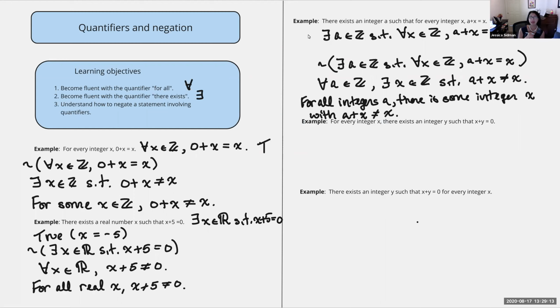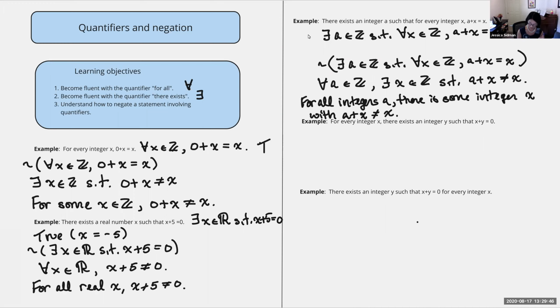All right, let's look at the next example. For every integer x, there exists an integer y such that x plus y is 0. This one reminds me of our second example, where we looked at the equation x plus 5 is 0 and wondered if there exists a solution. Here we're looking at the equation x plus y equals 0 and wondering if there's a solution for y, okay?